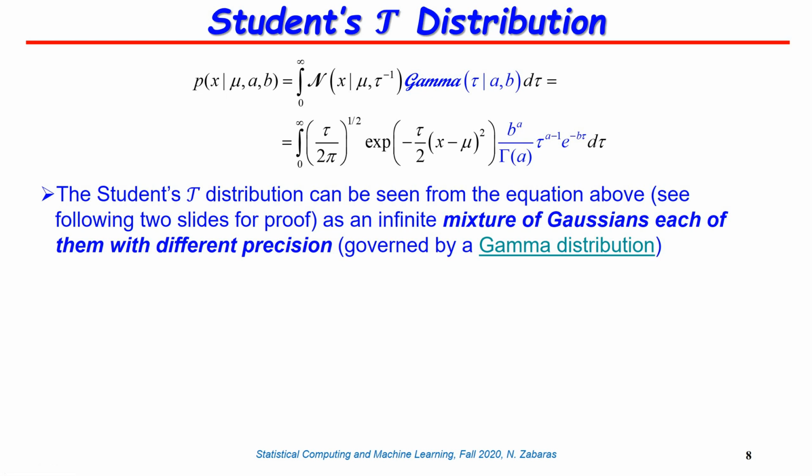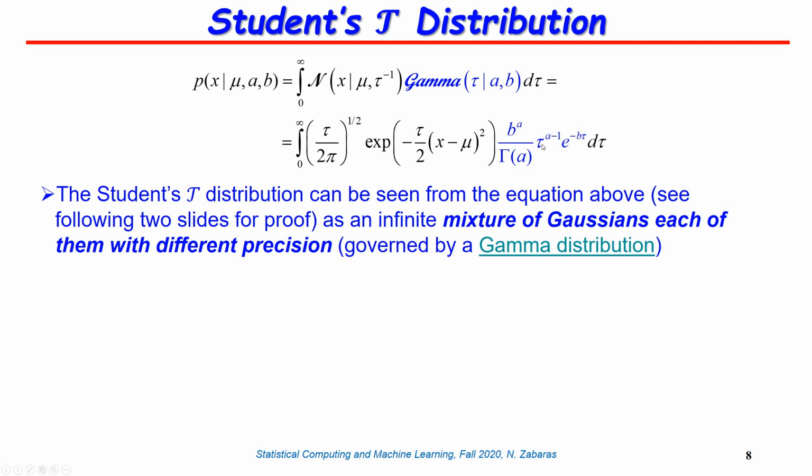What we have is a Gaussian that has a precision tau. And what we do is we are averaging these Gaussians with all possible precisions tau that follow a gamma distribution. I know I have not introduced what a gamma distribution is, so here in blue on the second equation, I give you the definition of the gamma distribution for the precision tau of the Gaussian.